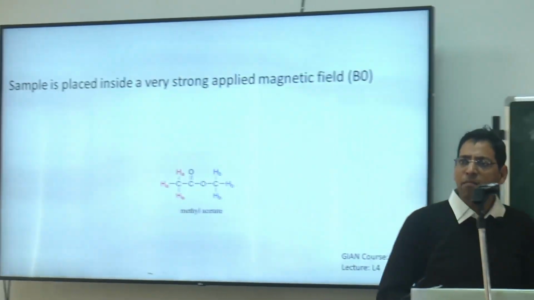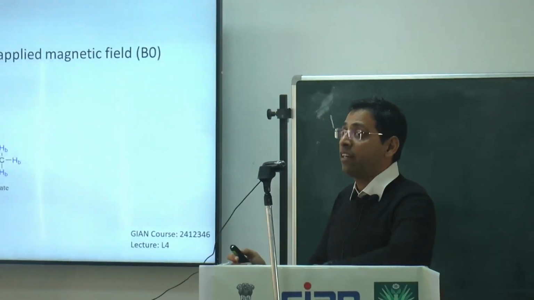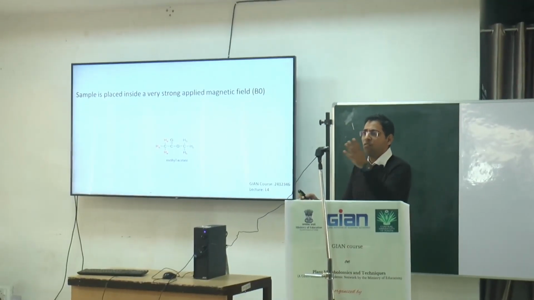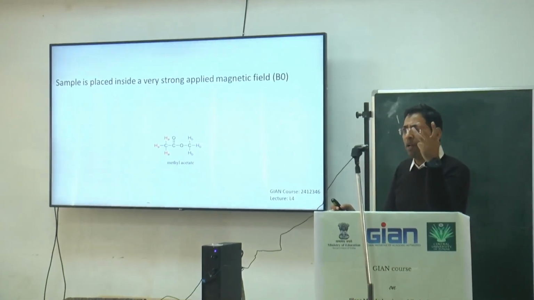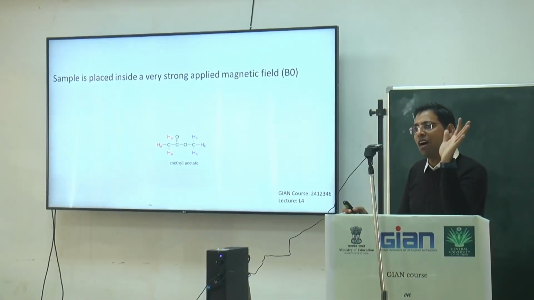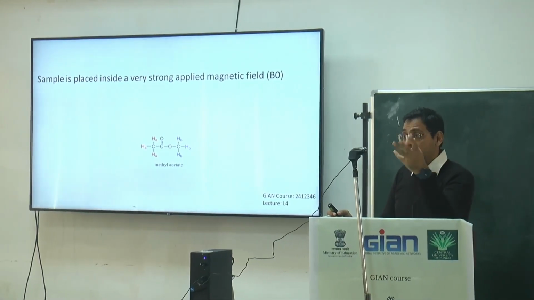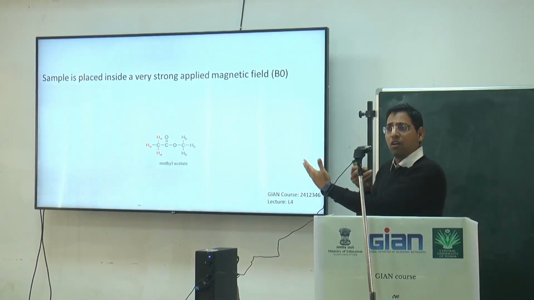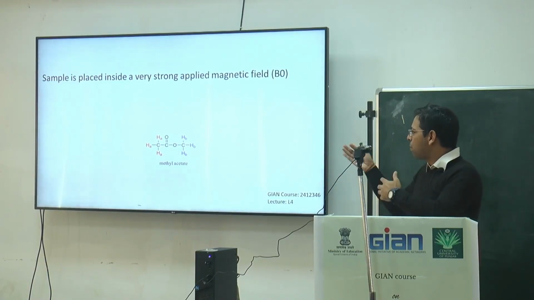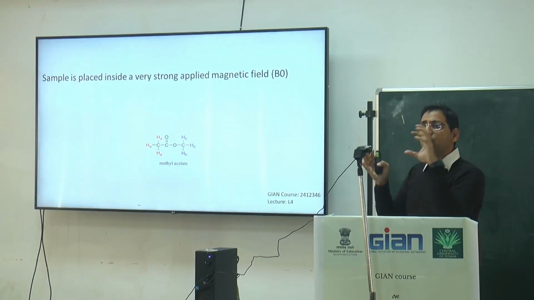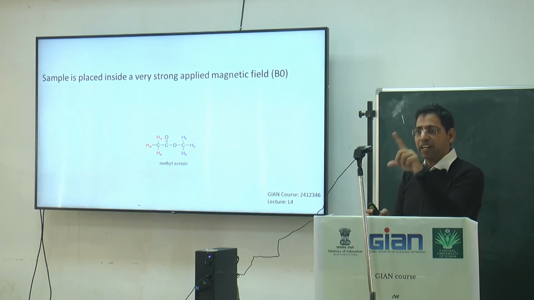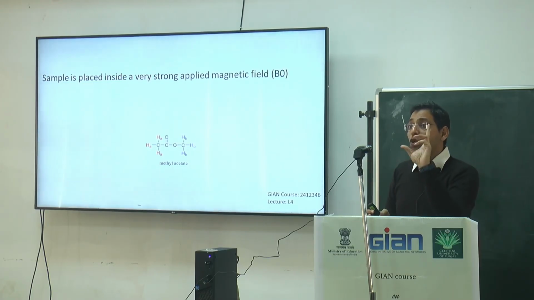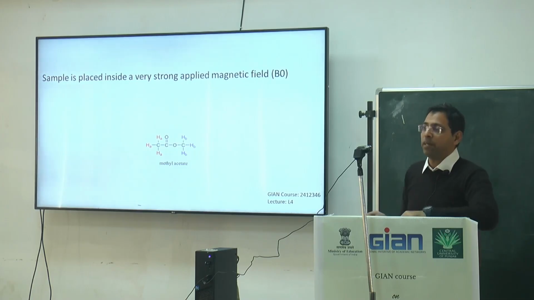So we can label them as two different non-equivalent protons. Because many of you are from a biological background, maybe you don't know the chemistry, since you come after graduation so many years, I'm using simple language for a better understanding of this concept. These two parts of the compound have two different environments. One environment has one type of proton, the second environment has a different type of proton. So this NMR will give us two peaks for these two different environments.